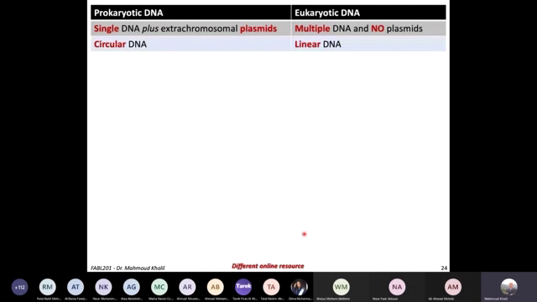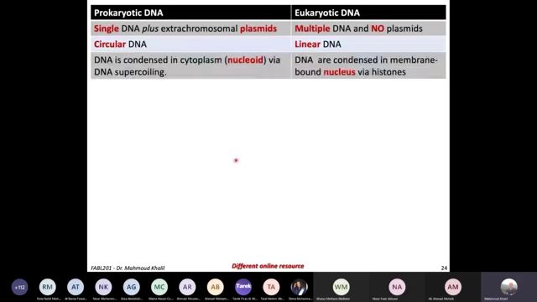Here we'll have a summary of the comparison between the prokaryotic DNA and eukaryotic DNA. Prokaryotes have a single DNA, multiple DNA for eukaryotes; prokaryotes have plasmids, no plasmids in eukaryotes. Of course, prokaryotic DNA is circular, while the DNA in eukaryotes is linear. The DNA in the prokaryote is in the cytoplasm, normally in a region called the nucleoid.